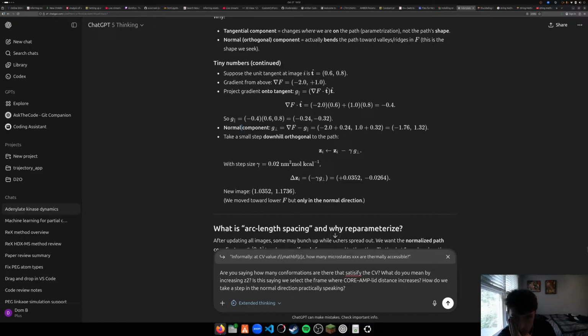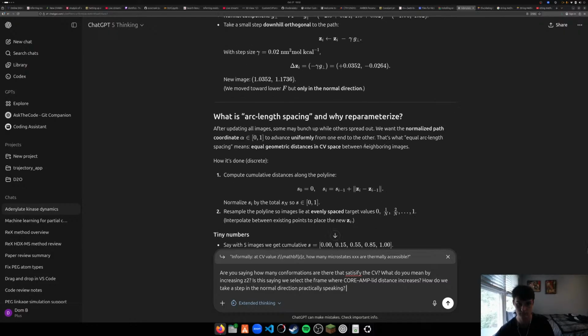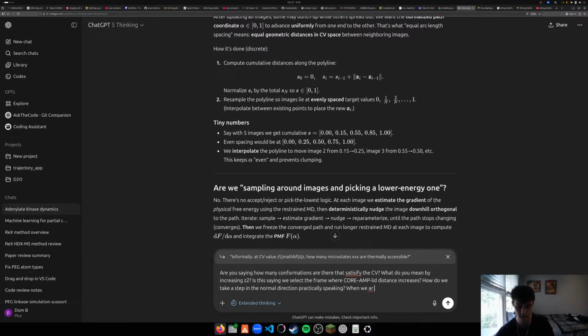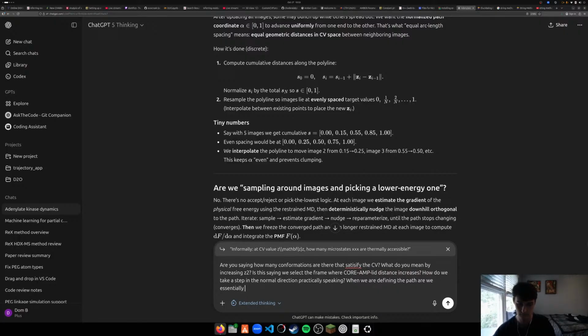I wonder if they can make some figures for me. When we are defining the path, are we essentially calculating which frames that we simulated are orthogonal to the tangent of the gradient?